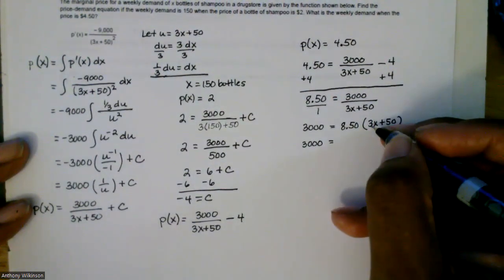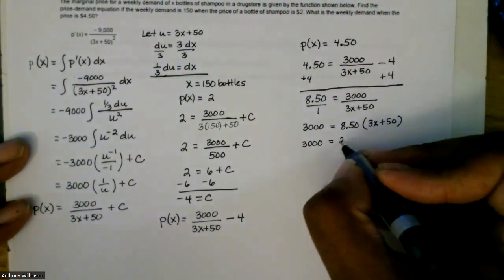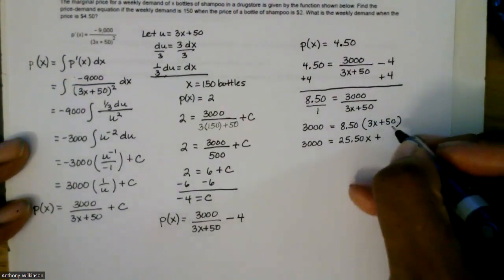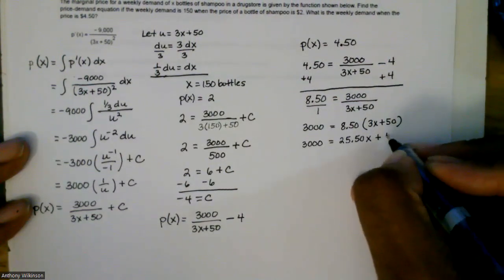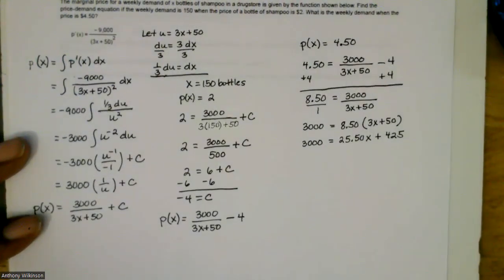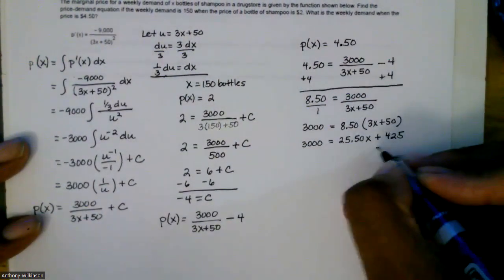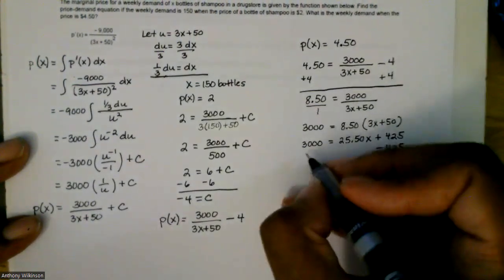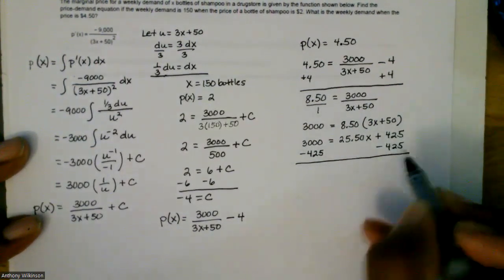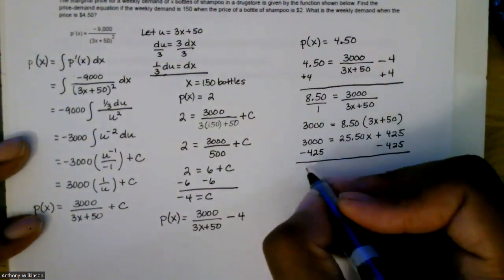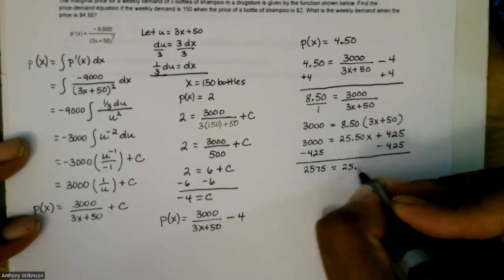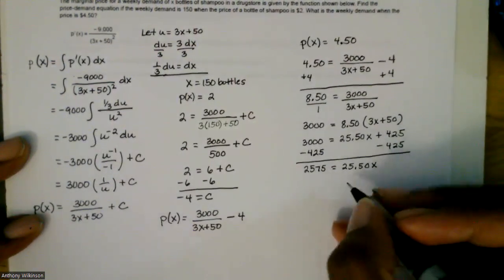8.50 times 3 will be 25.50x, plus 8.50 times 50 will be 425. And then to get the x by itself, I'll first subtract 425 on both sides. So that means I'm going to have 2,575 on this side, and that's equal to 25.50x.